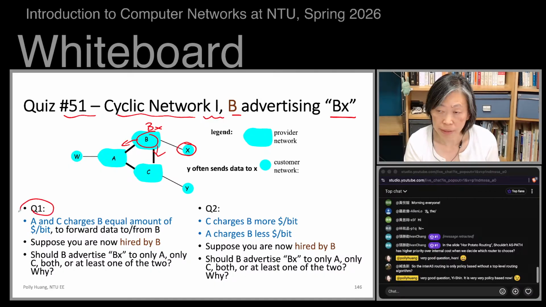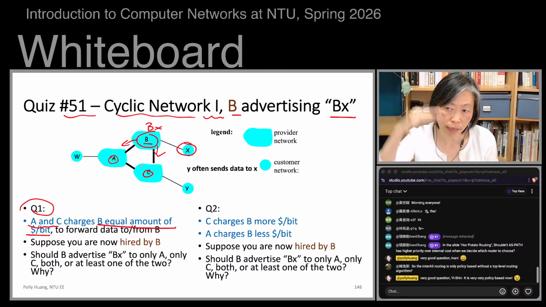So Q1 asks, A and C charge B equal amount of money per bit. So with this condition, we know that A and C are both providers of B. So A and C are higher tier providers. And B, although a provider of X, is actually a customer of A and C. Okay?